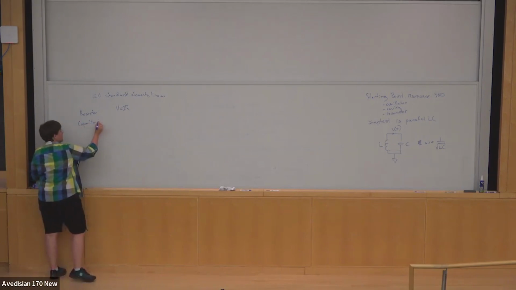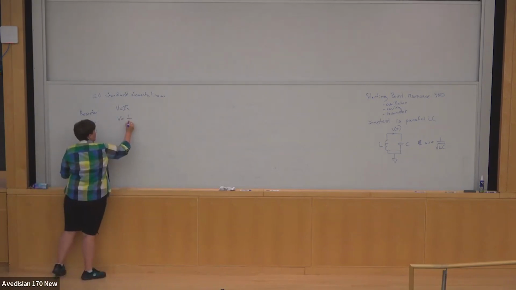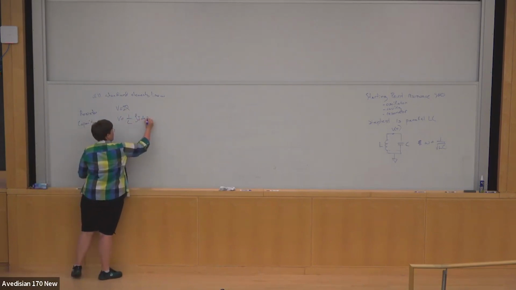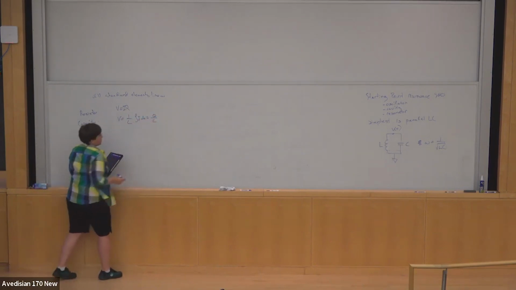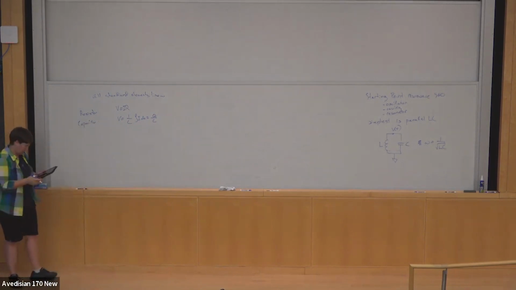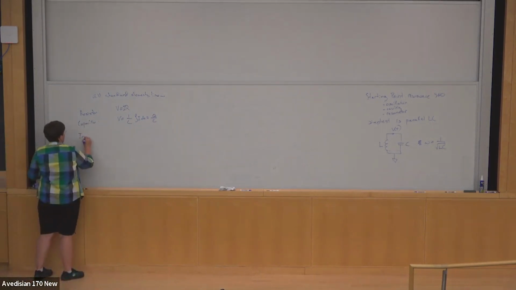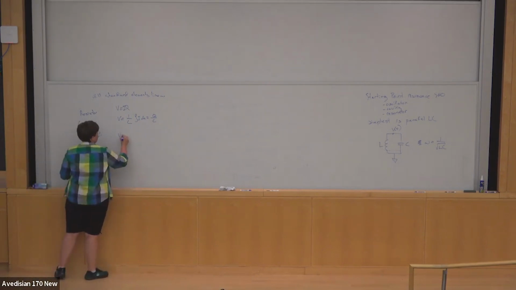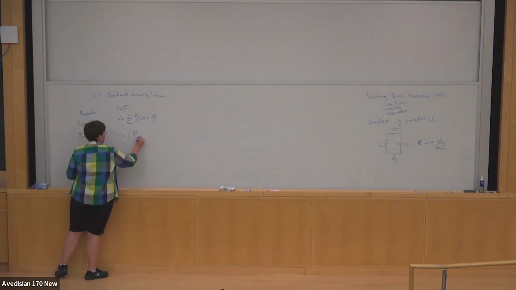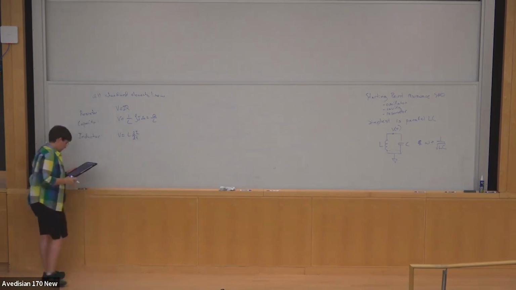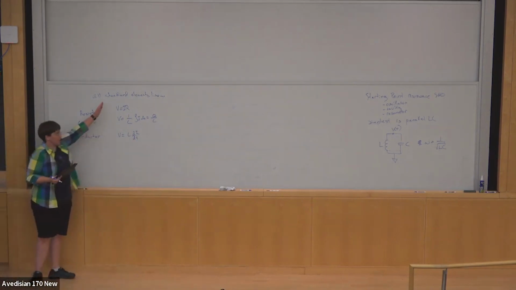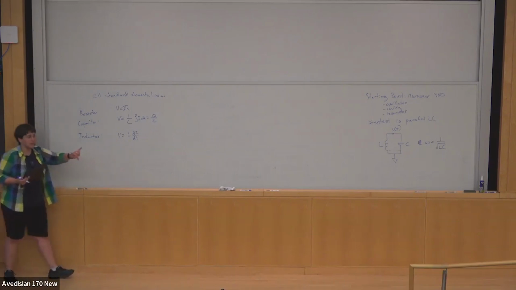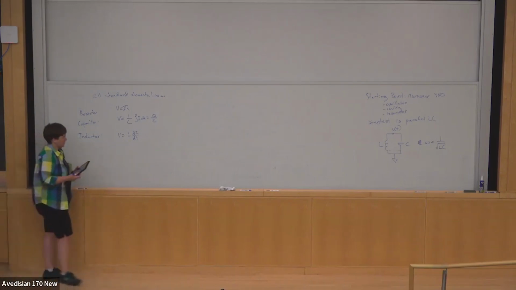If we look at a capacitor, then the voltage is 1 over C, the integral of I dt, or charge divided by the capacitance. And then the inductor is that the voltage is L di dt. So these are all linear, they're not going to do what we want. And so what we need to build up to doing is describing the Josephson junction.